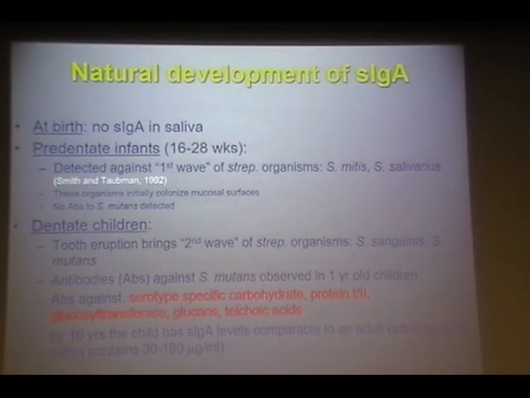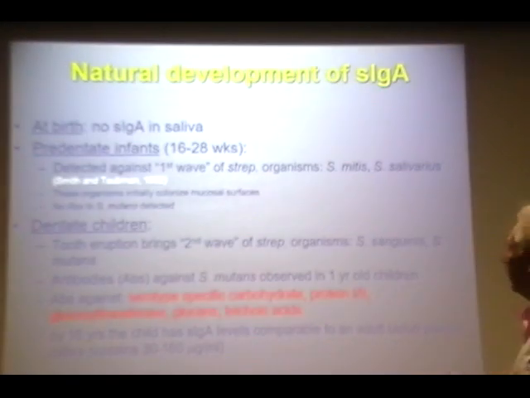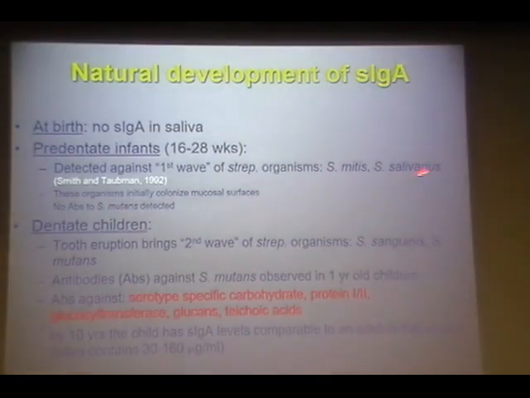So what about secretory IgA? What do you need to know? What are things that are important in regards to secretory IgA? First of all, at birth, there is no secretory IgA in saliva. Zero. And what's interesting is that the organisms that make up the first wave of streptococcal organisms that colonize the baby's mouth are organisms that are not cariogenic at all.